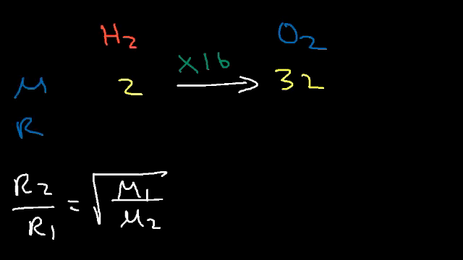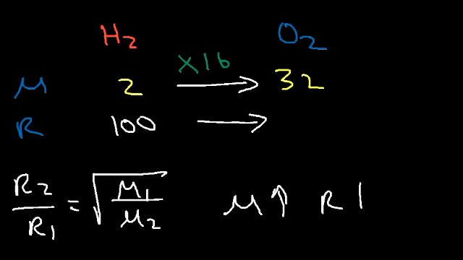So let's say that the rate of effusion for hydrogen is 100. What is the rate of effusion for O2? So as the molar mass goes up, the rate goes down. And keep in mind, there's a square root involved. So if you take the square root of 16, what do you get? The square root of 16 is 4.